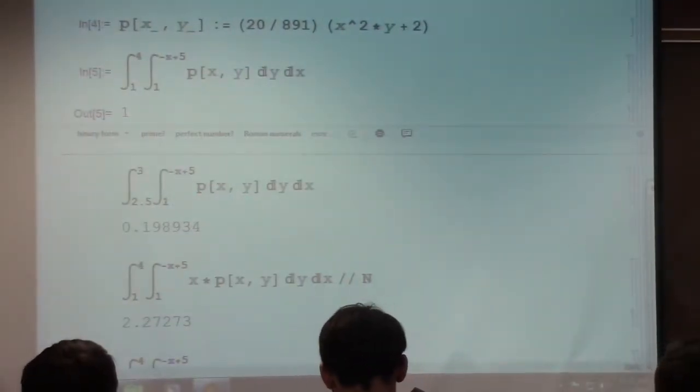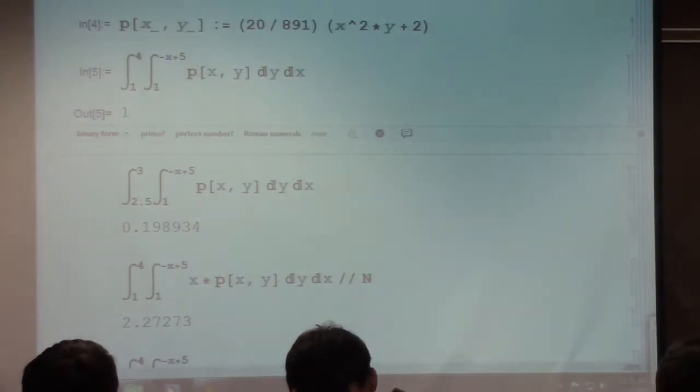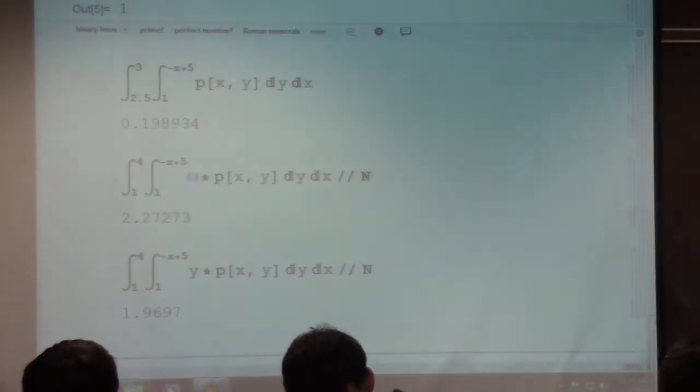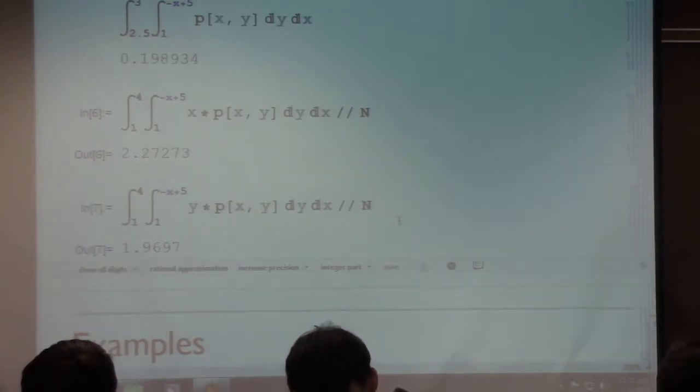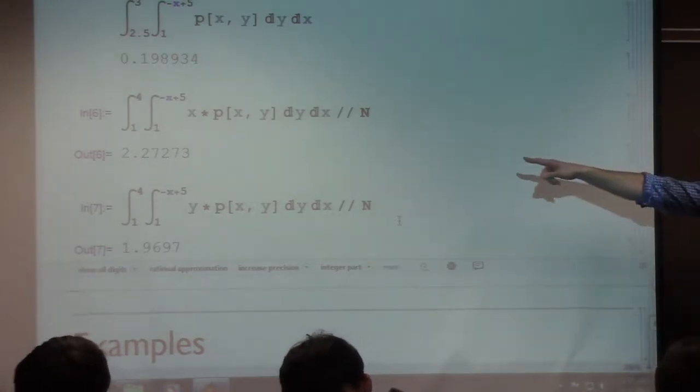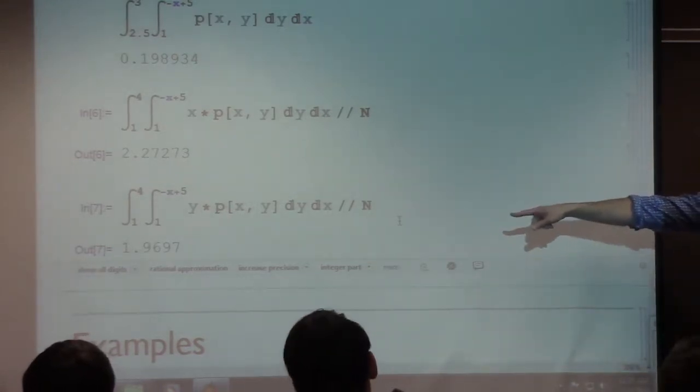And this is analogous to finding moments, actually. Notice you multiply this probability density function, the p, by x and y, and you get some other numbers. And these other numbers are telling you the mean for the x is about 2.3, the mean for the y's is close to 2.